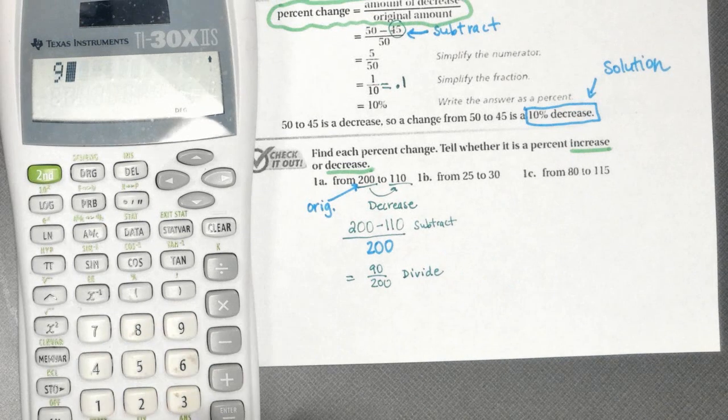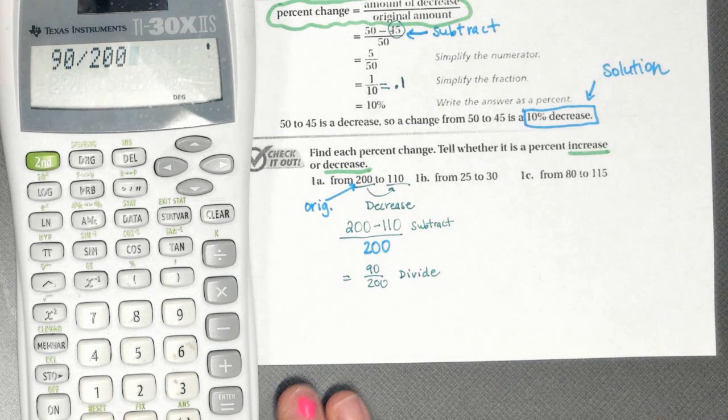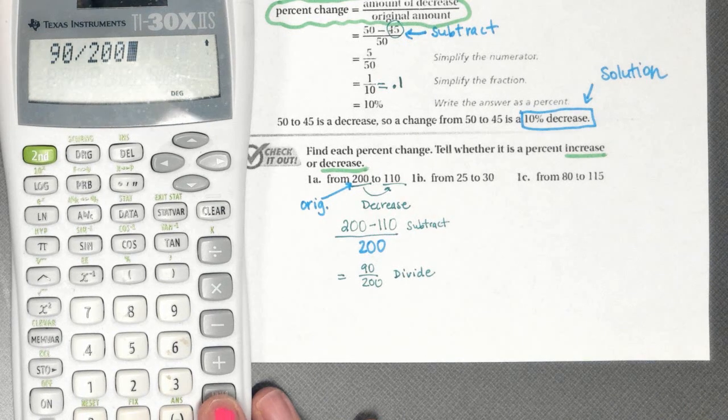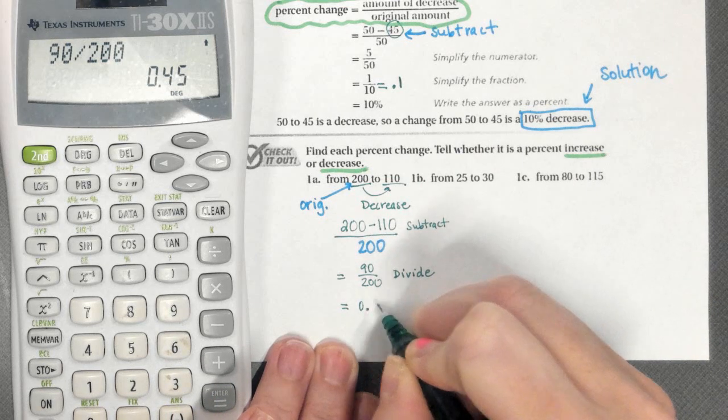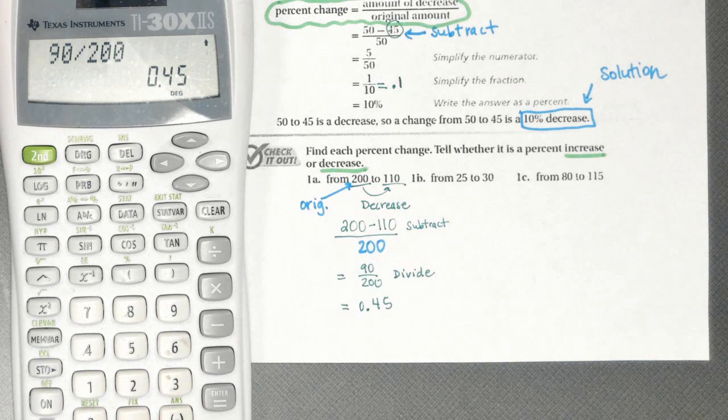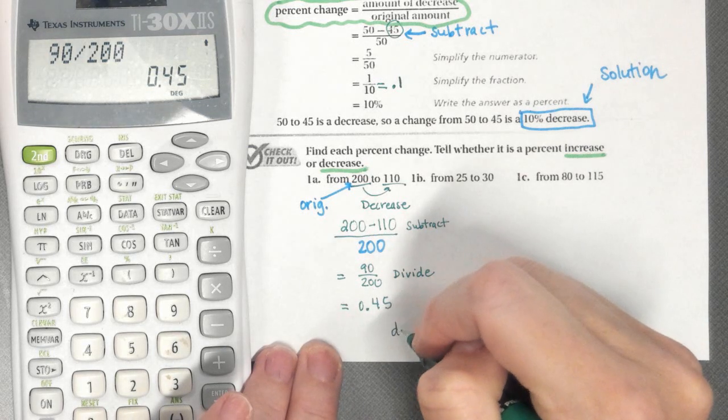When you divide, you turn that into a decimal. Okay, and then will you guys do the last step where you're turning that into a percent and then put the decrease with it?